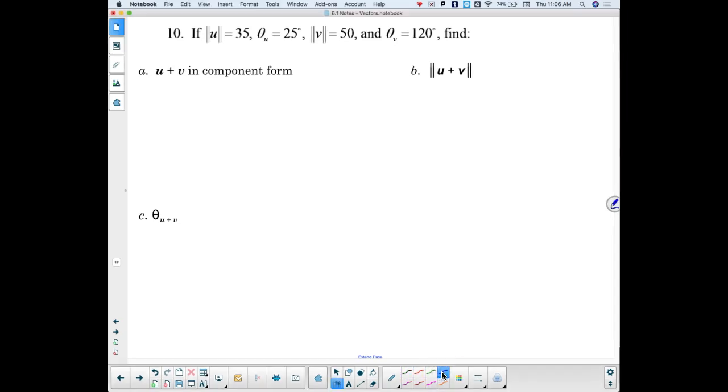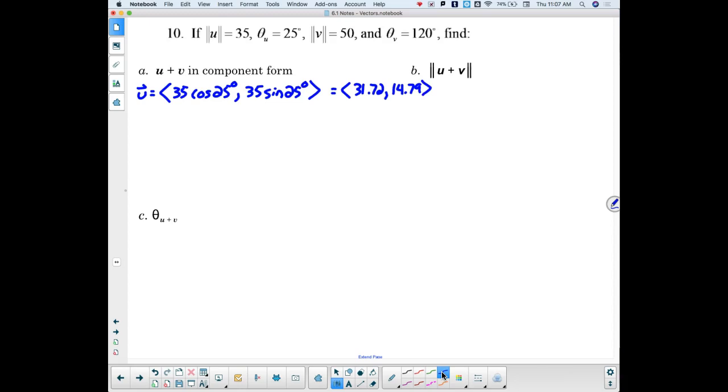So the first thing I'm going to do is find the component form of u. Vector u is going to be 35 times the cosine of 25 degrees, comma, 35 times the sine of 25 degrees, which is approximately 31.72 and 14.79.